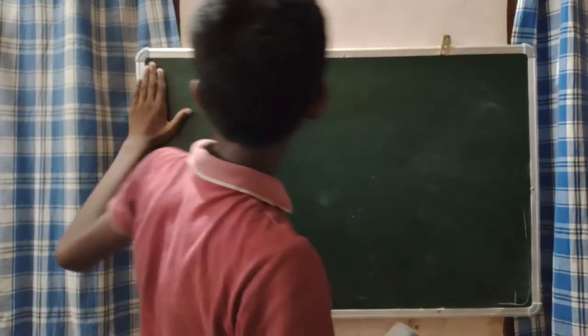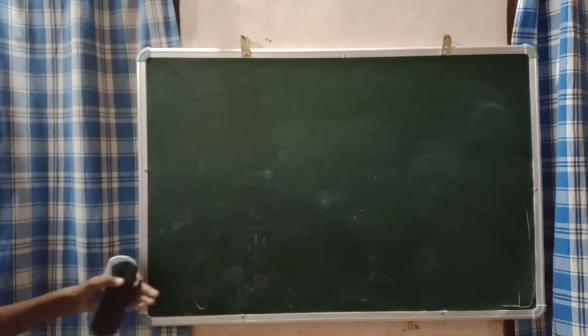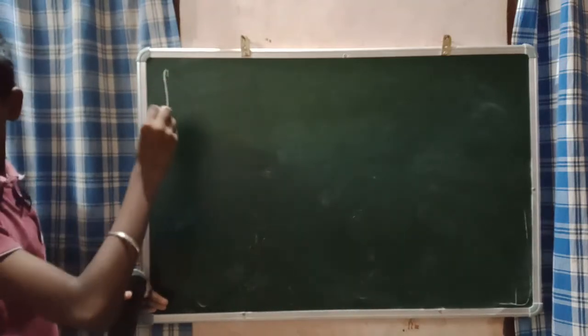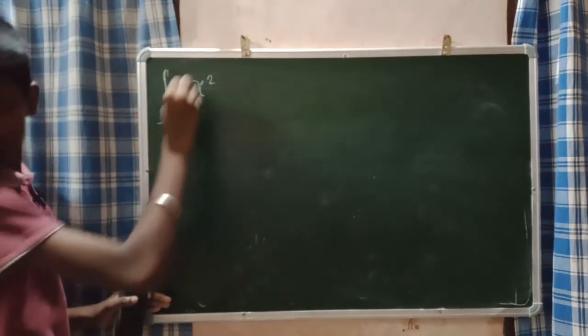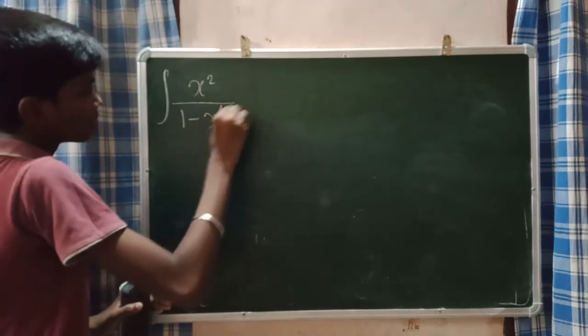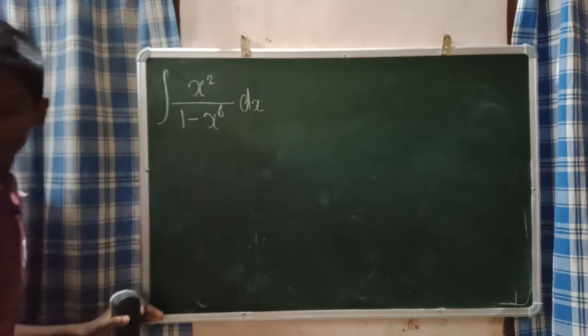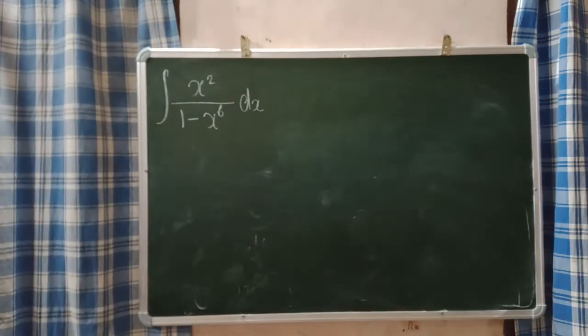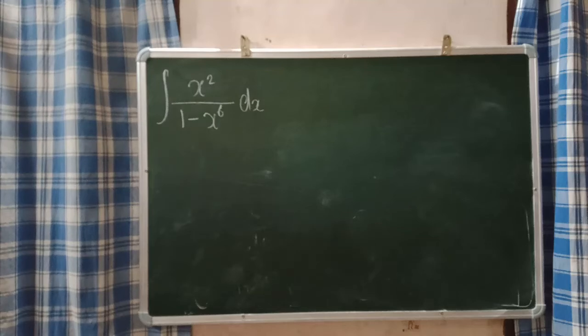So your sixth question is integral of x square divided by 1 minus x power 6 dx. This is your sixth question of exercise 7.4. Now guys, in this question, listen very carefully.